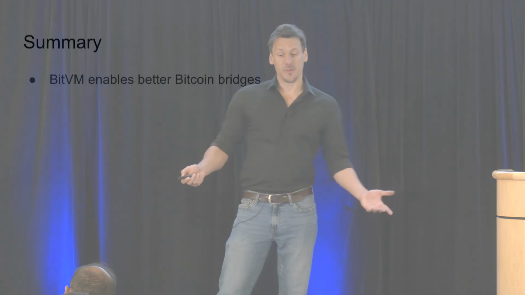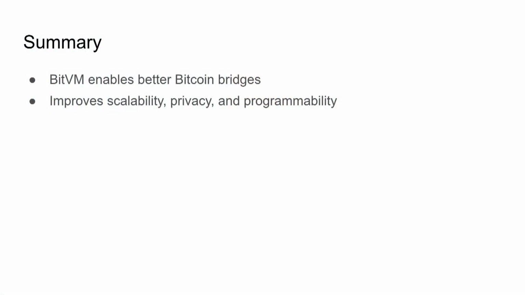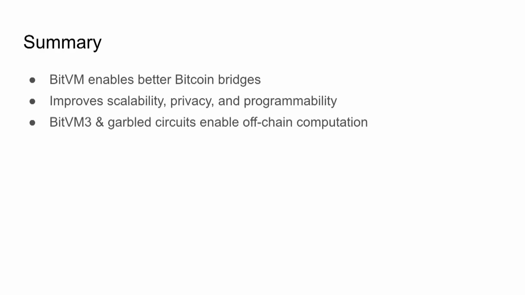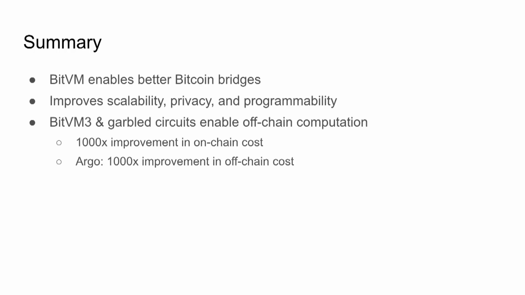Summary: BitVM enables better Bitcoin bridges. It can improve privacy, scalability, and programmability. BitVM 3 with garbled circuits enables efficient off-chain computation. It's a roughly 1000x improvement over the previous work with BitVM 2. The Argo scheme gives a 1000x improvement in off-chain cost in comparison to the naive Yao-style scheme.